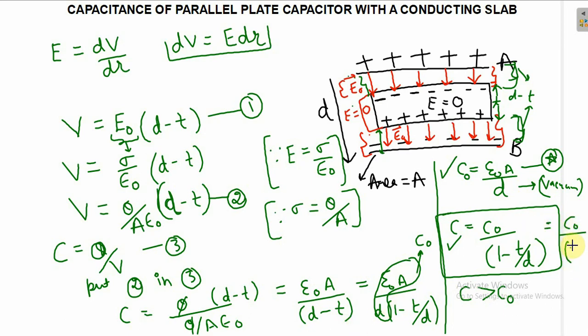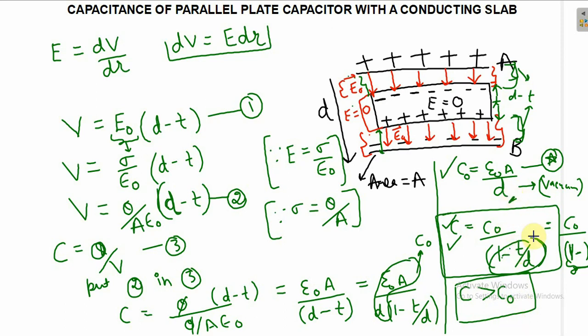So in this denominator one term is subtracted. Because denominator is less now, your C will increase, because both are reciprocal to each other. So that's why when you insert a conducting slab, capacitance of a parallel plate capacitor always increases.